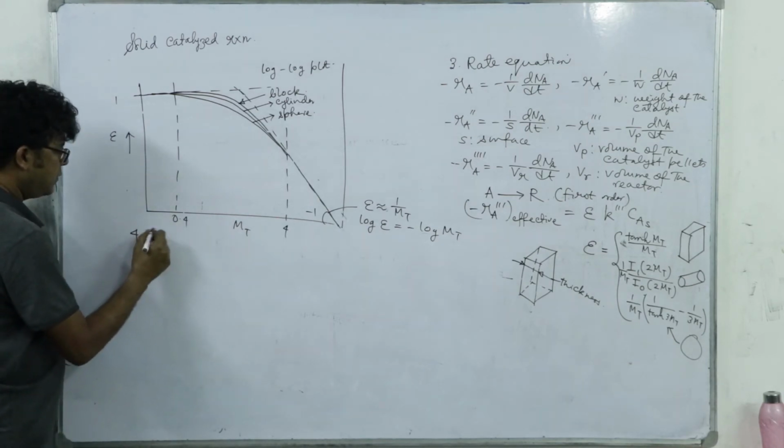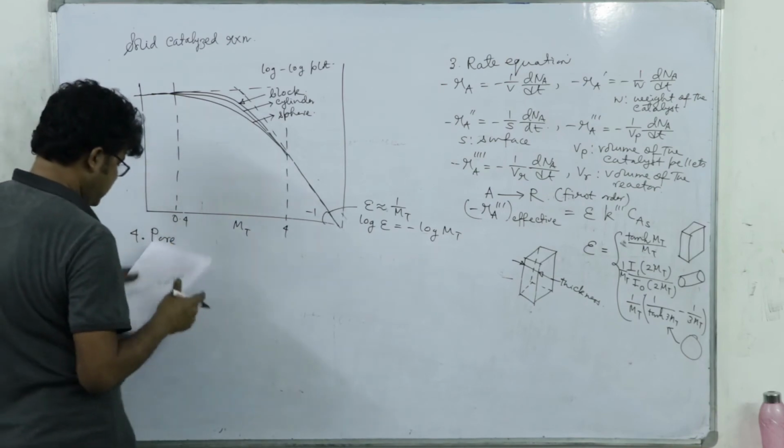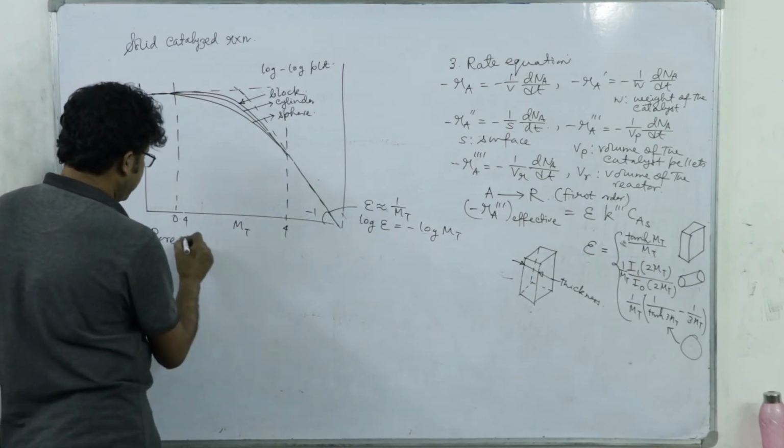So, for inference 4 we have pore resistance limits.